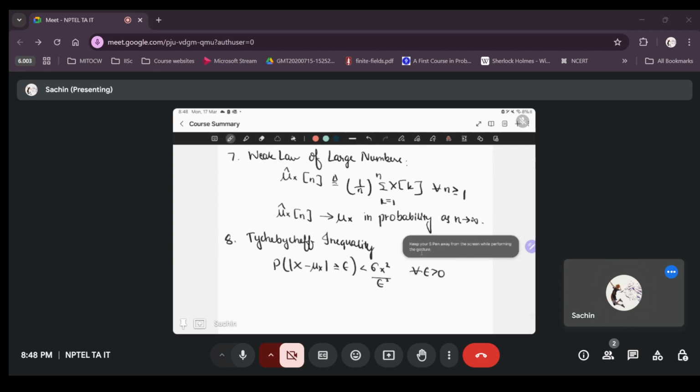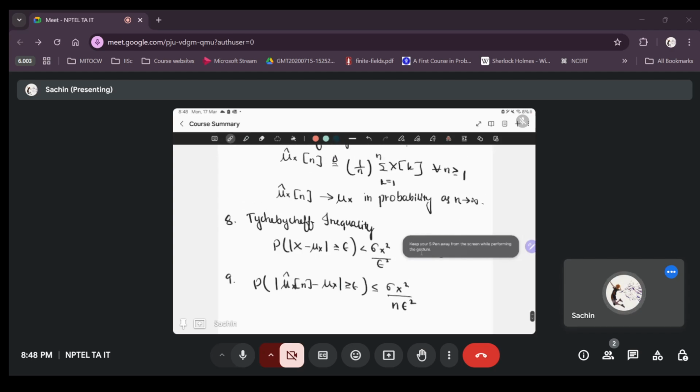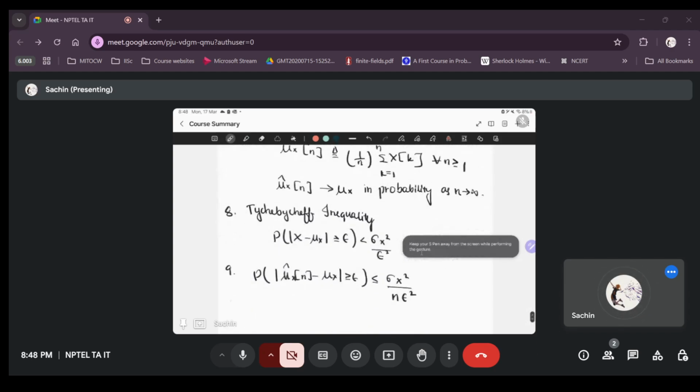And from this you can get P of mod of mu hat of x^n minus mu x greater than or equal to epsilon is less than or equal to sigma x square by n epsilon square. So that's combining the weak law of large numbers with Chebyshev's inequality.